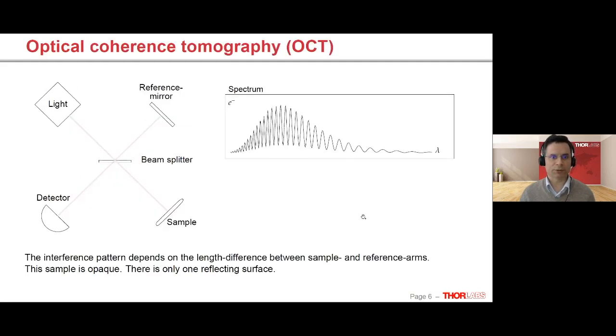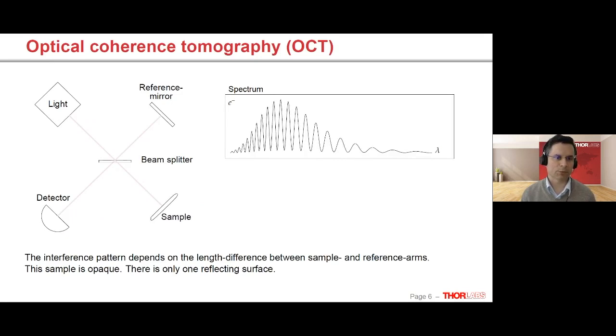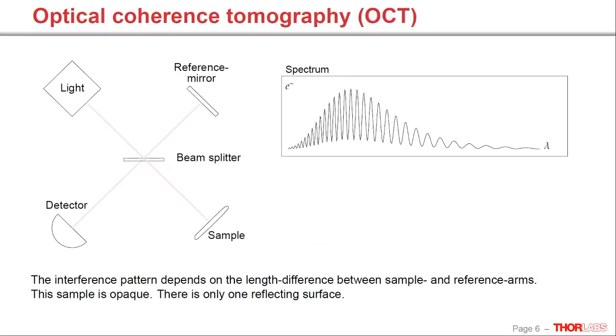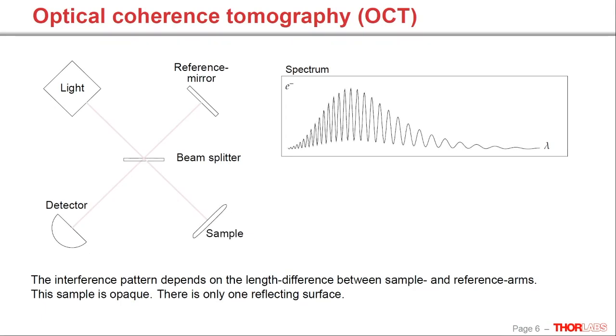So let me start considering the interferometer sketched on the left. The light from the light source comes to a beam splitter and is split in two different directions, to a reference mirror and to a sample that are located at about equal distances, but not that equal because the sample here is moving to show the effect.